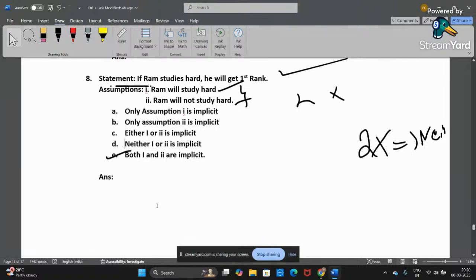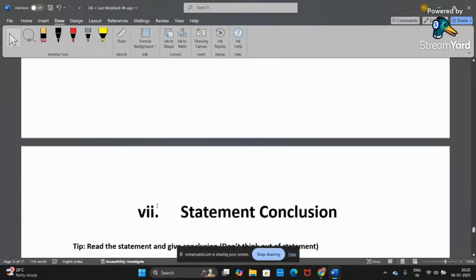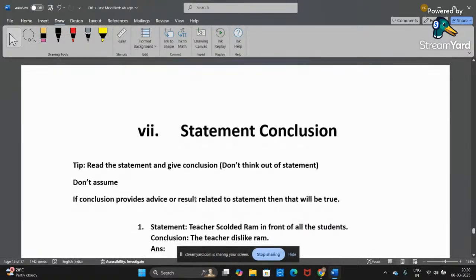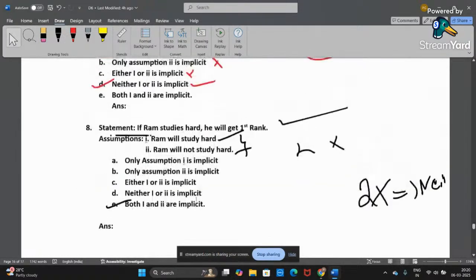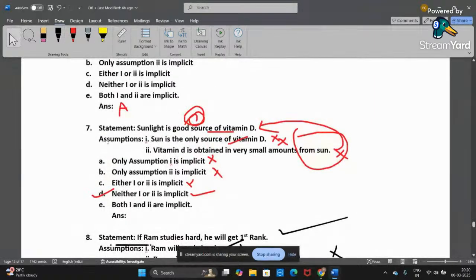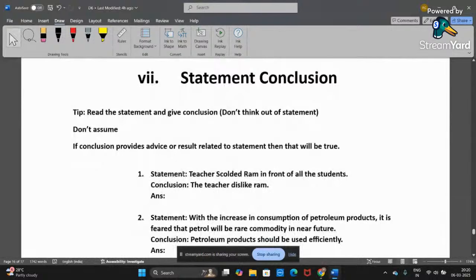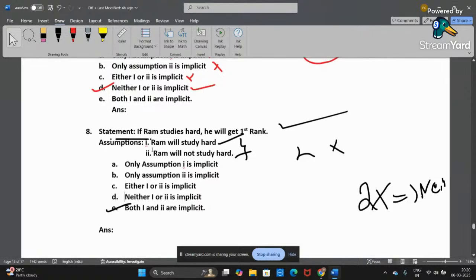Okay. Now let's move on to the next one. Next topic is statement conclusion. Before, the topic was called statement assumption, and this topic is called statement conclusion. We'll see the problems on this. In this, we need to use our common sense based on the statement.